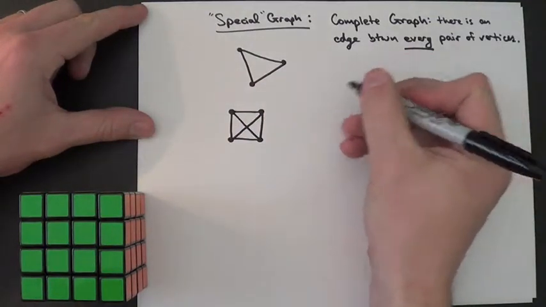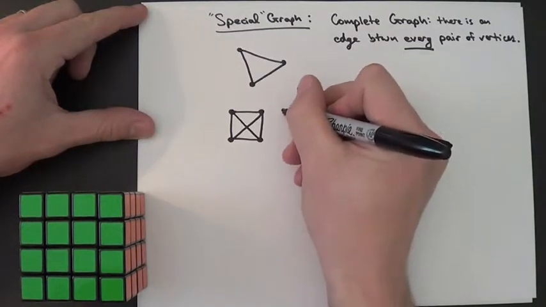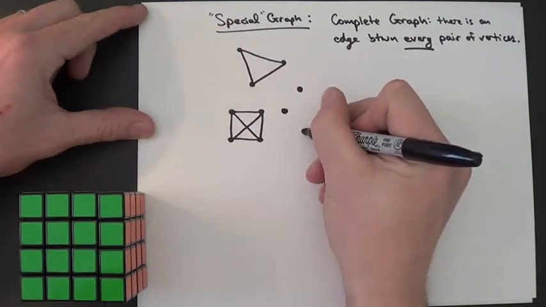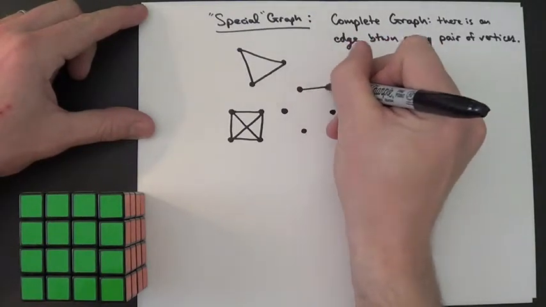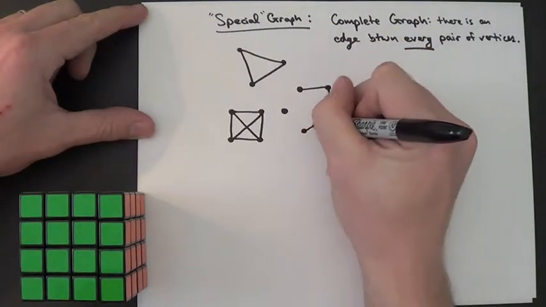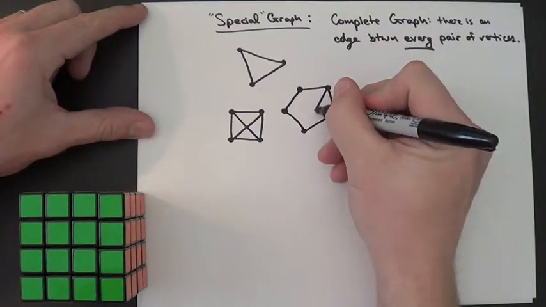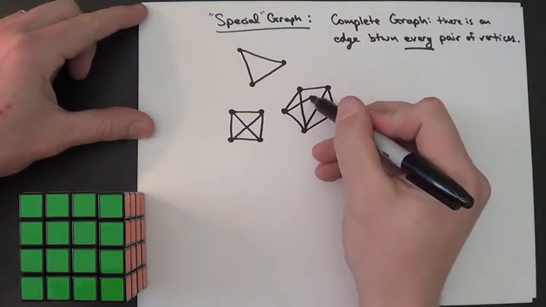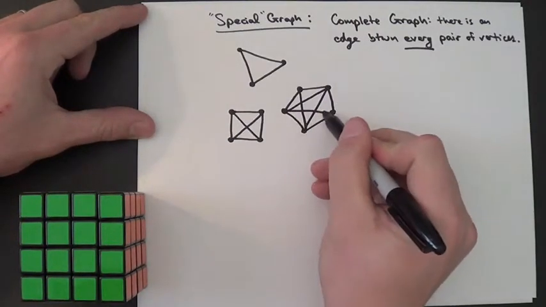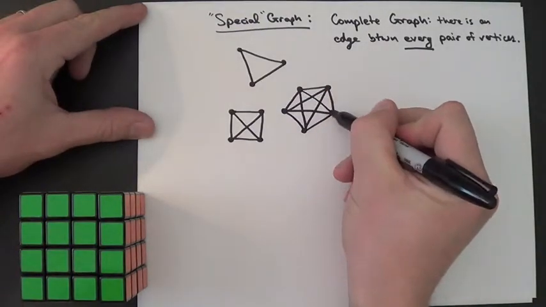So there's 4 vertices, a complete graph, 5 vertices. Oftentimes you'll see these arranged as regular polygons. And we just need to connect every vertex to every other vertex. Like that.